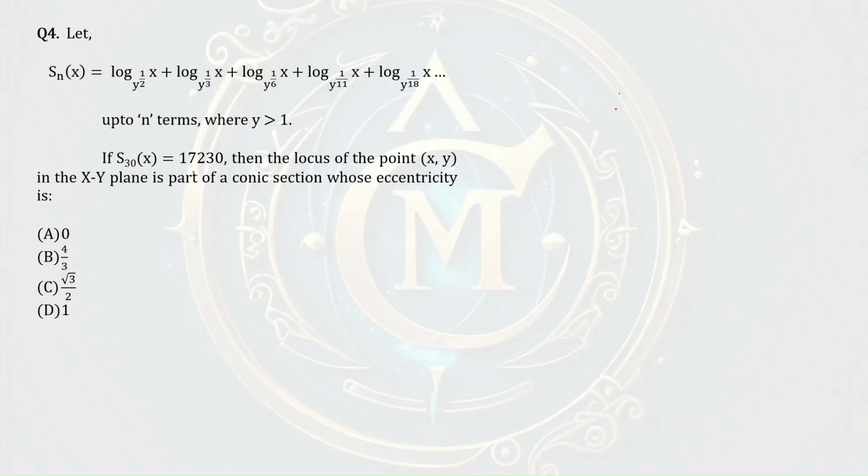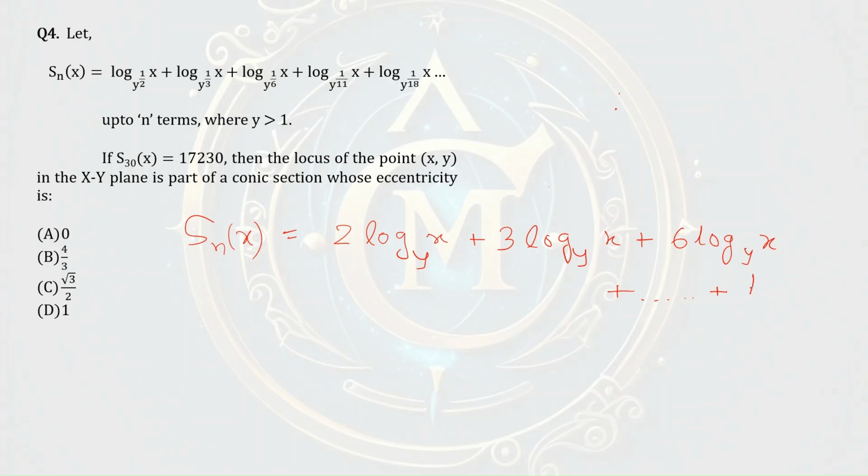Here, if we rewrite the series as S_n(x) is equal to, we apply logarithmic properties for all the terms, then we get 2 log x base y plus 3 log x base y plus 6 log x base y plus so on up to the nth term.